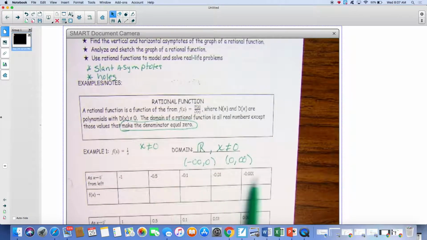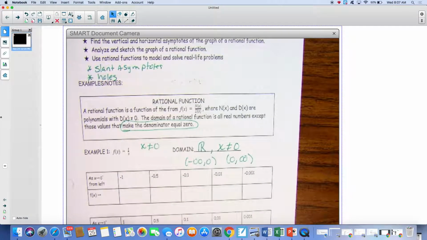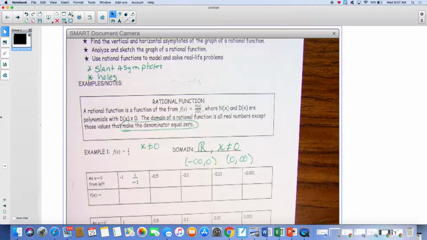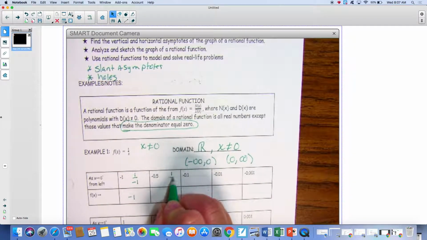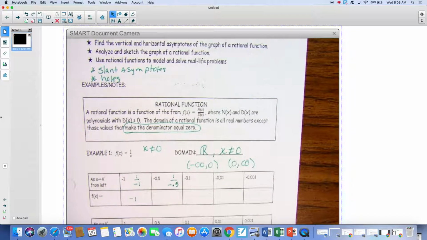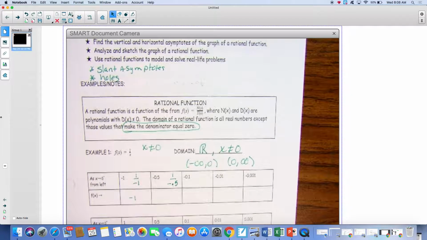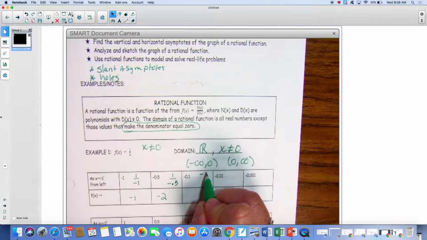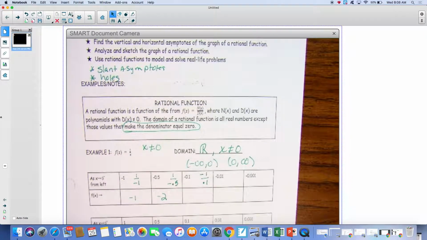Now let's plug in these numbers and see what we get. So what's 1 over negative 1? Negative 1. What's 1 over negative a half? 1 divided by 1 half, negative 2. What's 1 over negative 0.1?